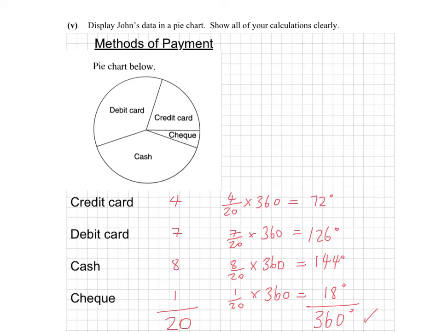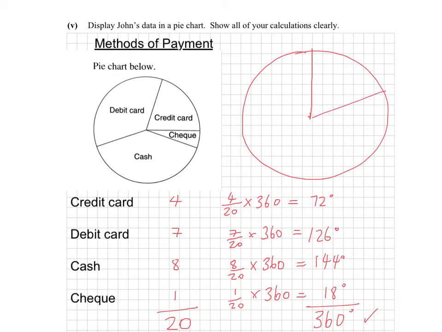What I would say to you normally when I draw a pie chart, I mark off my centre, I draw my circle around that centre using compasses, and then from that centre I draw a vertical line up to give me my first radius, and then I'd measure my angles clockwise from there.